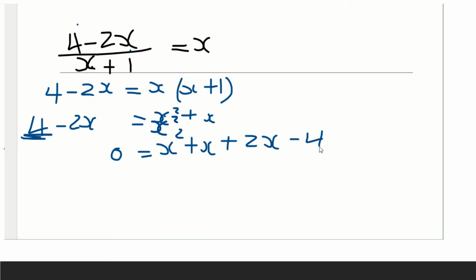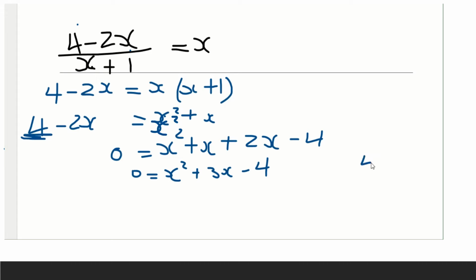So there we go, we have our quadratic equation, and we see that we can just simplify in the middle here. We have 2x and x, so we'll have 0 equal x squared plus 3x minus 4.